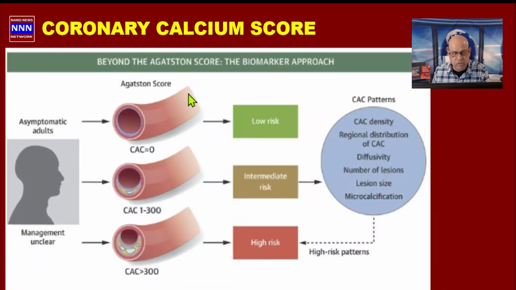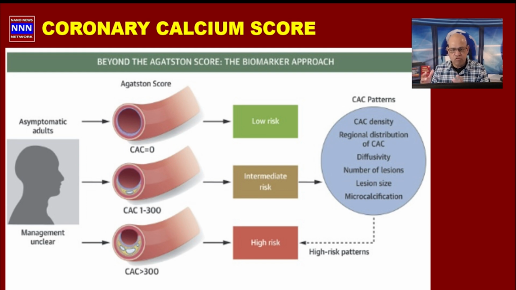Agatston score, that's what it is called, and when the score is 0, there is very low risk of developing heart disease over the next 10 years. Compare that with somebody who has a calcium score of 1 to 300, they are in the intermediate risk of developing heart disease.